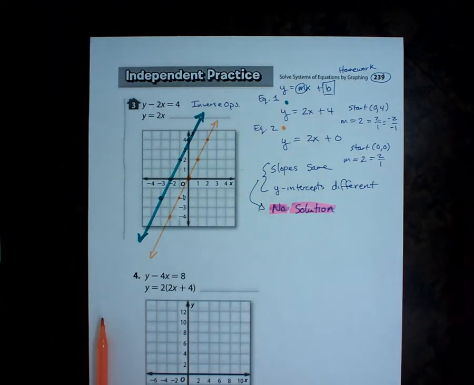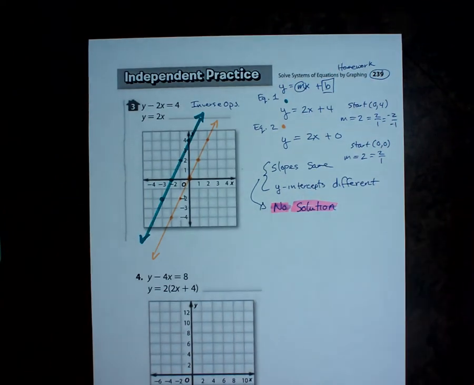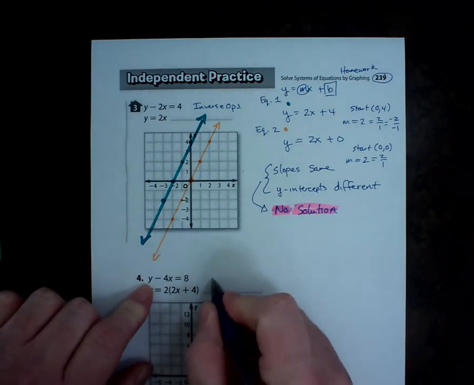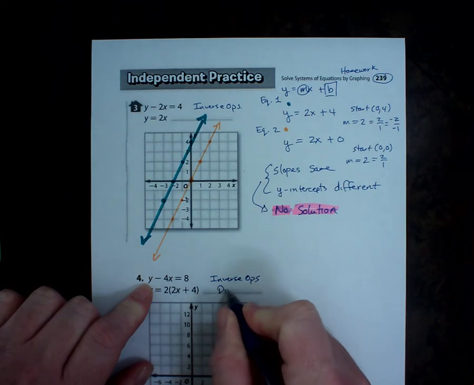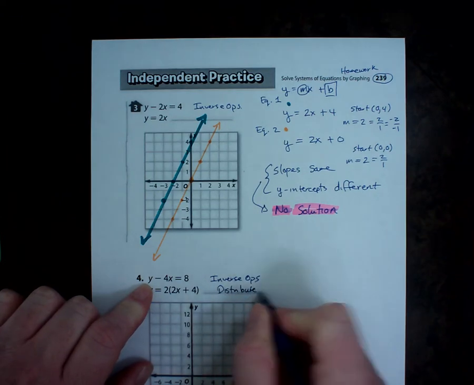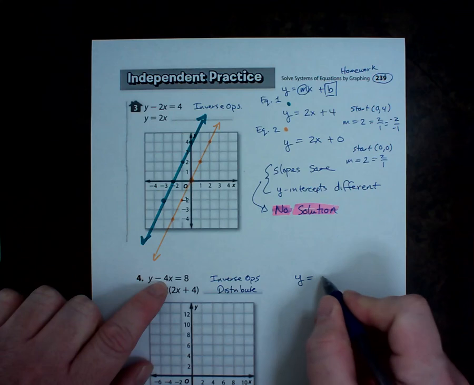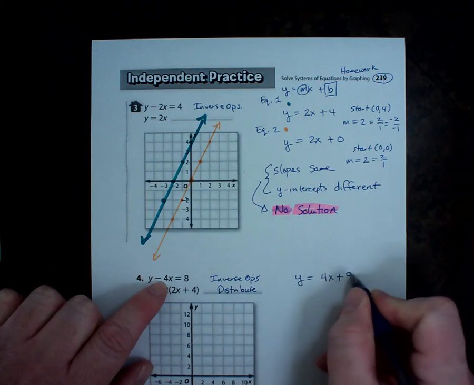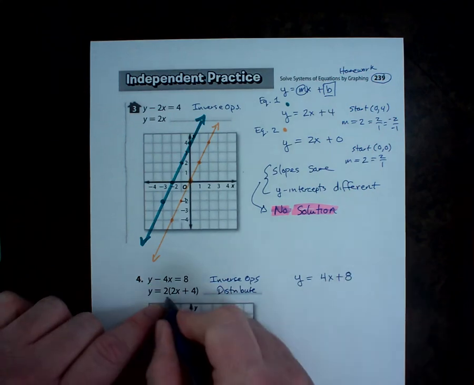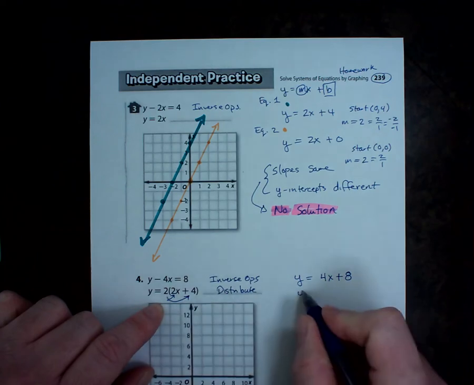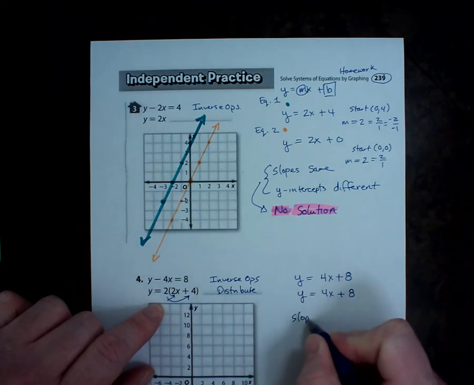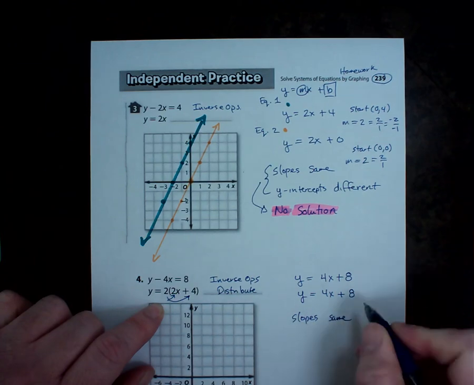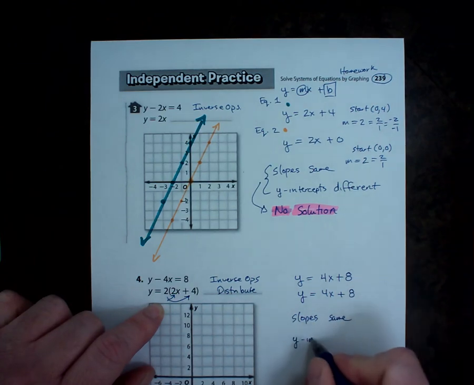And we have our last problem. This will end it here. Again, you need to do inverse ops. And here you have to distribute. I get y equals 4x plus 8. And here, when I distribute, I end up with y equals 4x plus 8. I notice that the slopes are the same and the y-intercepts are the same.